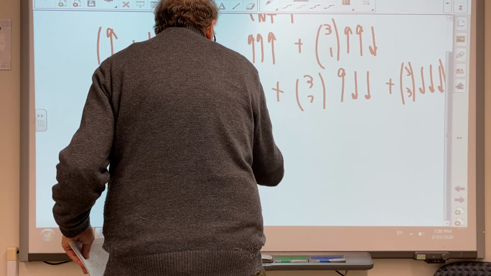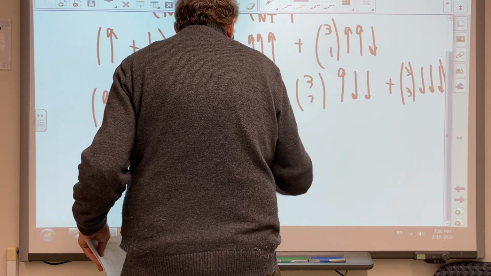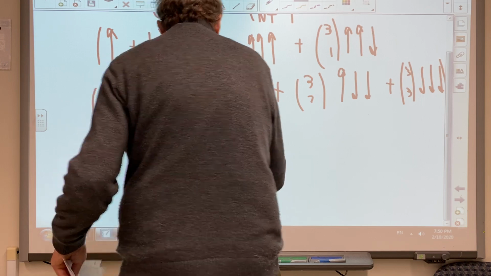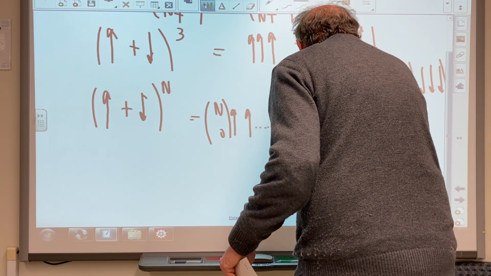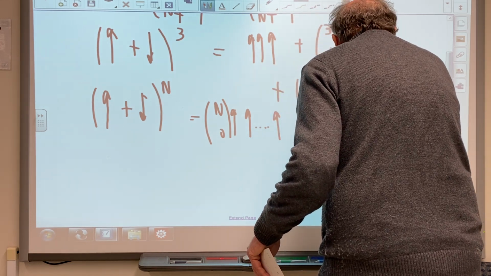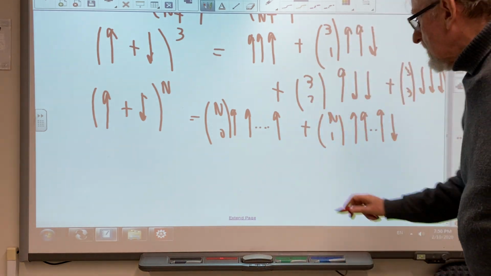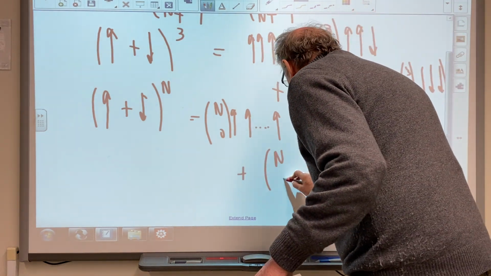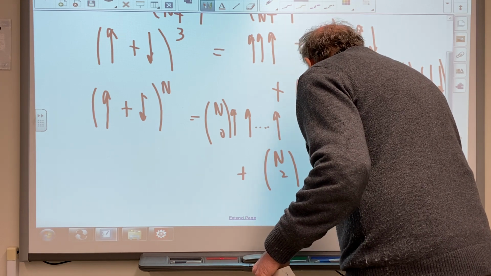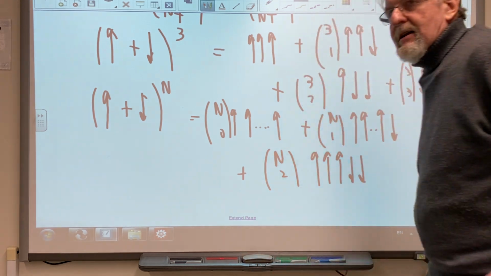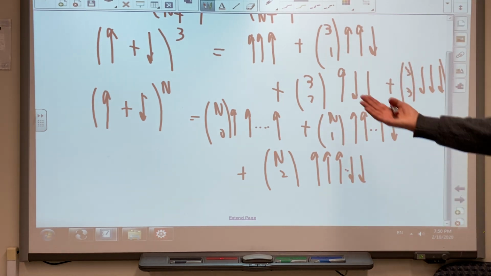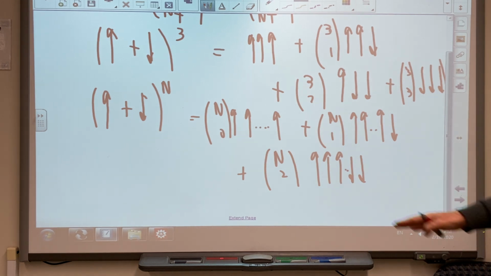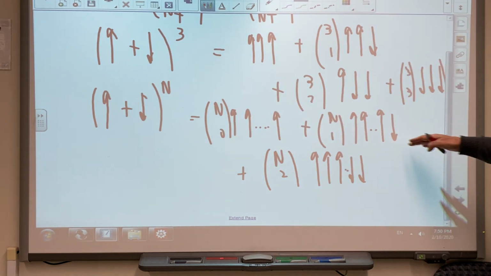I will have the term with all the spins up times the combinatorial n0, plus the combinatorial n1 times the term where all are up but one is down, plus the combinatorial n2 times the term where all are up and 2 are down, and so on. You see, what I am doing here is counting all. If I add this, plus this, plus this, I should get every single state.